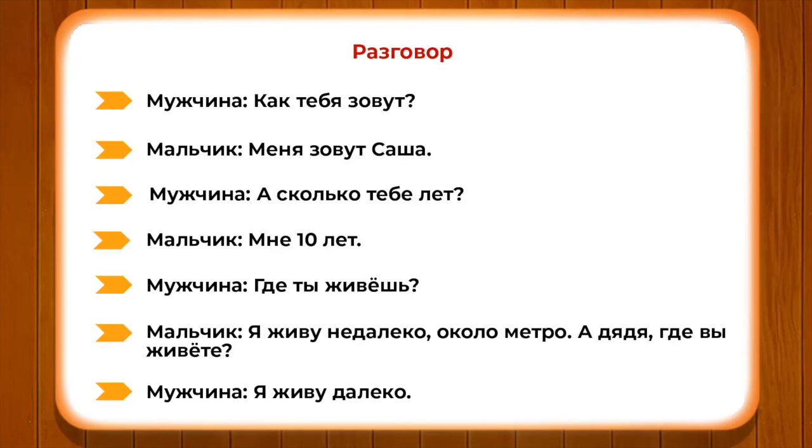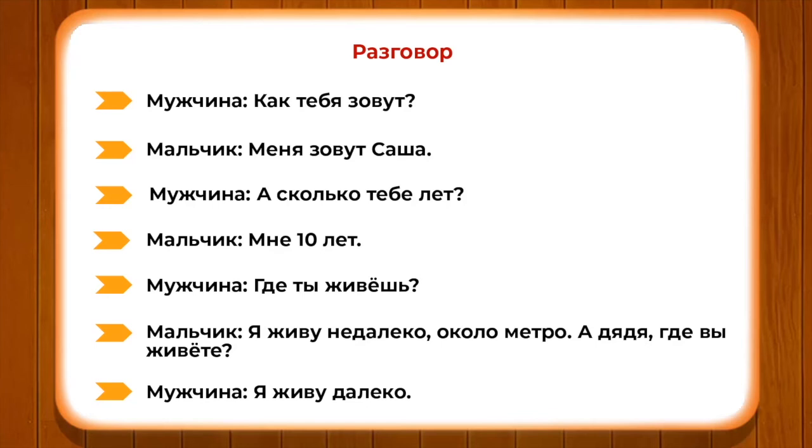So we have seen the construction of certain sentences in a разговор, a dialogue or a talk between two people. One is a man, the other is a boy of 10 years old. The man is using ты because the boy is younger, whereas the boy is using the construction with вы and conjugating the verbs with вы, because he is referring to a person who is senior to him.